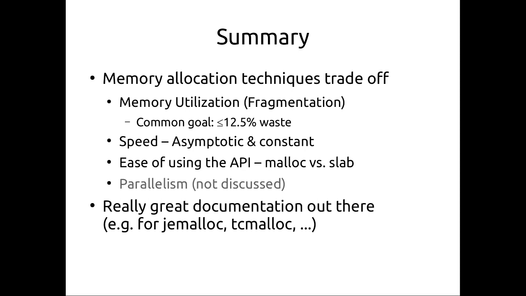Now, as with all of operating systems, we may use a certain mechanism or abstraction to construct higher level ones, and we've seen that with implementing malloc using the SlabAllocator. I also want to say here that there are a lot of trade-offs made in terms of parallelism, being able to effectively allocate memory on multi-core systems, but I'm not going into those here. Again, go to advanced operating systems if you want to understand that.